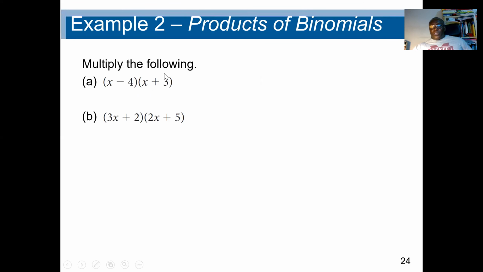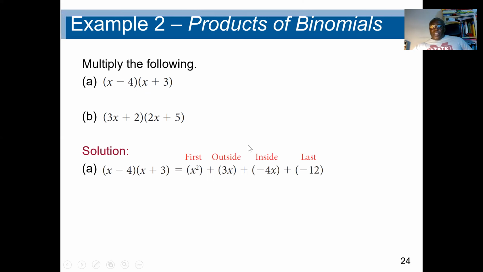So if I'm using the FOIL method here, the first term will be x times x. Outside term will be x times 3. Inside term will be minus 4 times x. And the last term, of course, for each of these is negative 4 times positive 3. So that's what we did here.